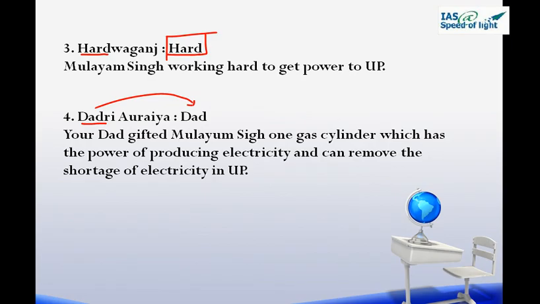Now again you see a picture of your father, your dad is going to Mulayam Singh Yadav with a gas cylinder, and that gas cylinder is a unique invention of your father, and that gas cylinder can produce electricity, and it can give some relief to the people of Uttar Pradesh who are so much desperate to get power at their homes. So Dadri Auria, Dad becomes dad, and your dad, it's a gas based station. So your dad with Mulayam Singh Yadav with fire and with gas. So gas based thermal power plant of Uttar Pradesh, Dadri Auria.